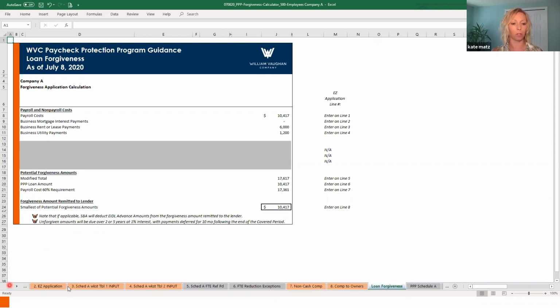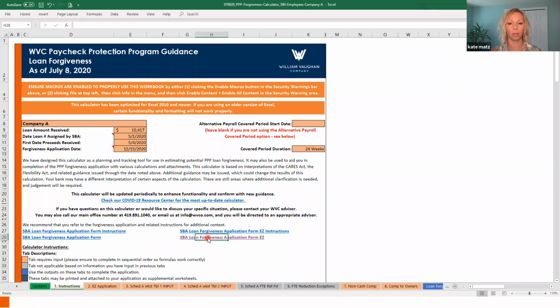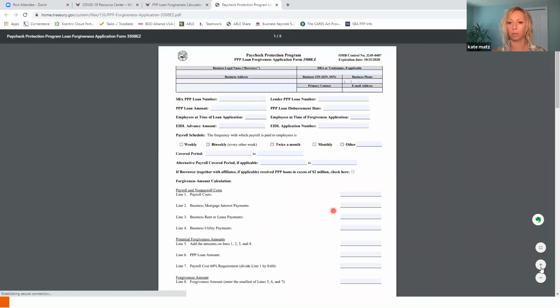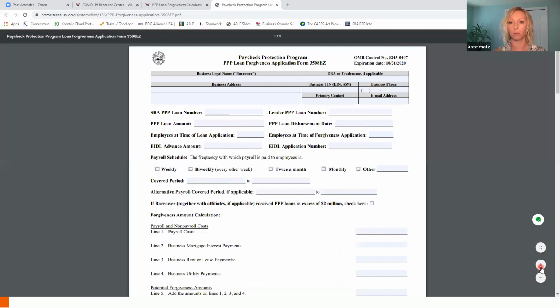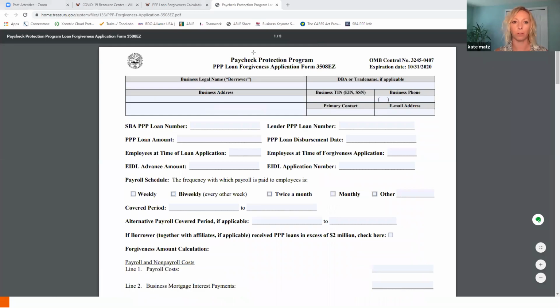If we go back to the instruction tab here, we've got those links. So we can click on the link and open up that application form. Okay. So the easy application form is pretty short.